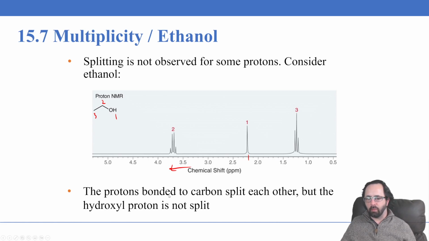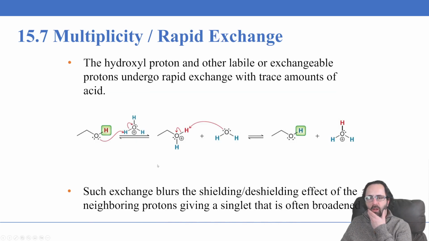So notice that the protons bonded to carbon split each other, but the hydroxyl proton is not split here. And it does not cause any splitting either on carbon number 2. The reason is that there's a mild basicity to this alcohol.